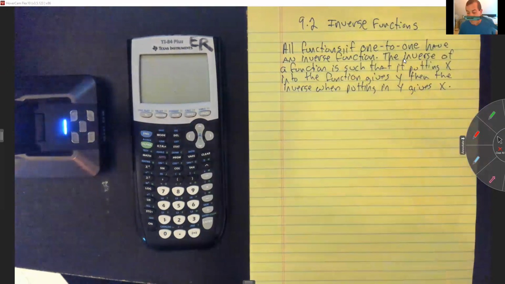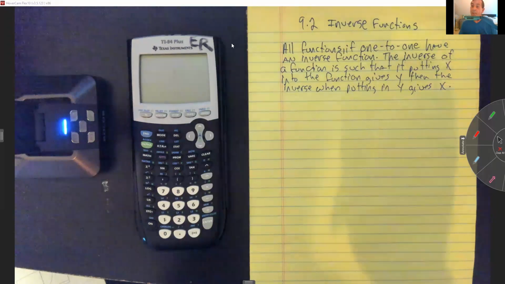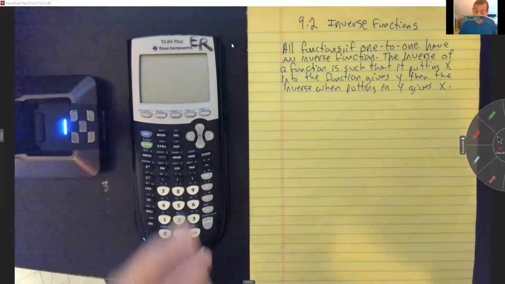So what they mean, if I had a function and I put a value for x in, such as 2, and when I put 2 into that function, it gave me a y value of 5, then the inverse function, if I put the 5 into the equation, would give me the answer of the 2. So they undo each other in a way.